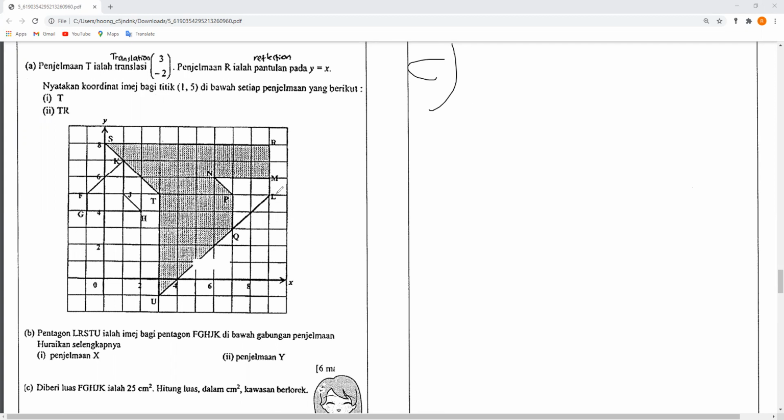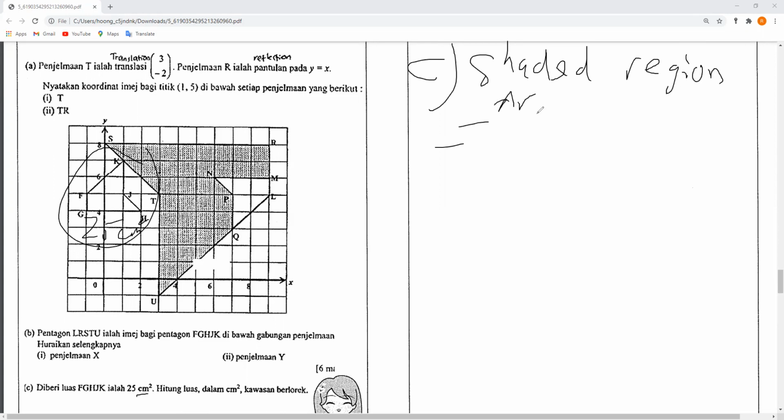Okay, so given that the area of FGHJK here is 25 cm squared. Remember to look at the unit. Then they want you to calculate the area of the shaded region. Same thing I told you about the shaded region. We use this method: area of image minus area of object.